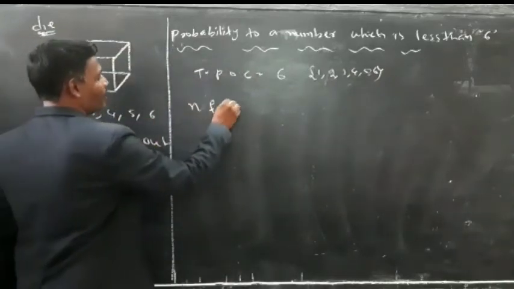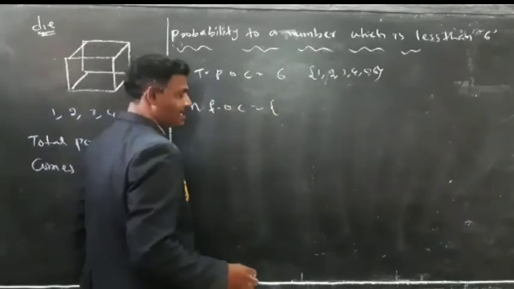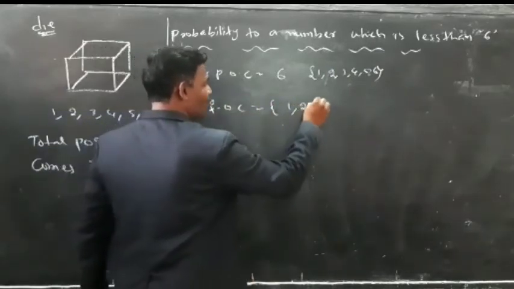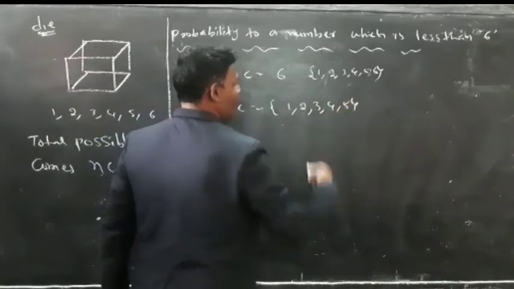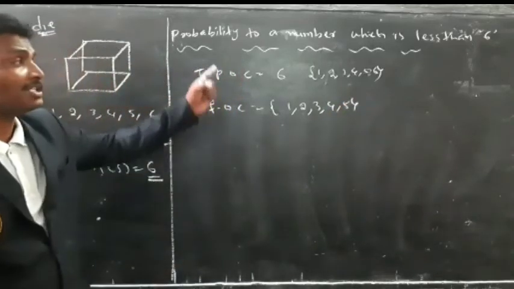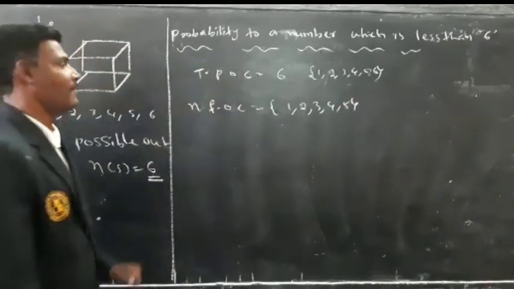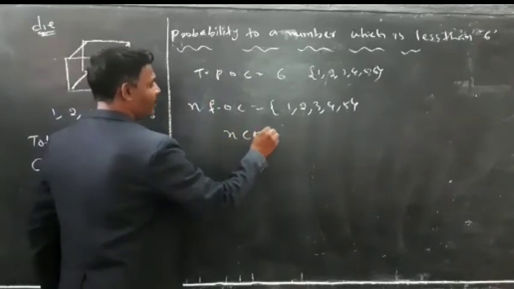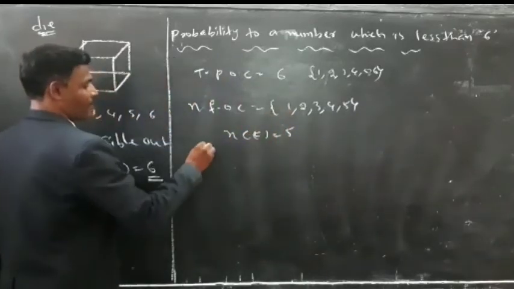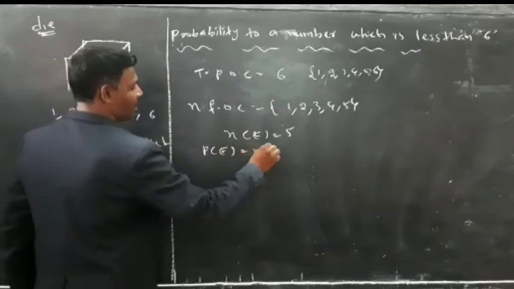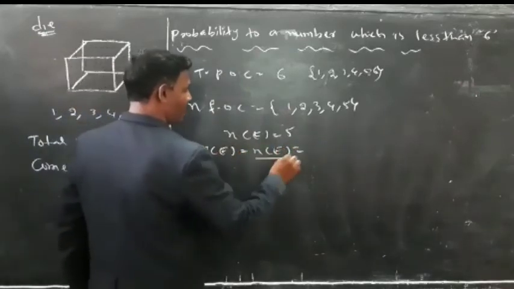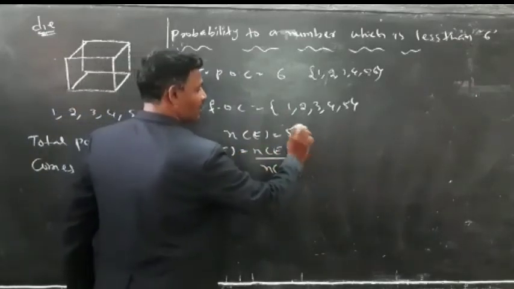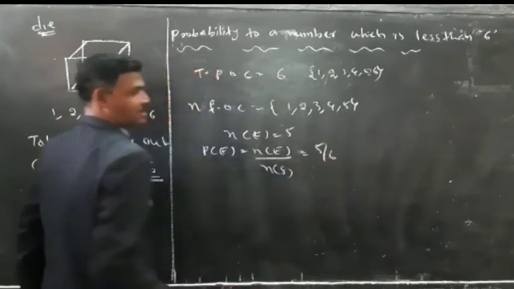Less than 6 means we can take 1, 2, 3, 4 and 5. But don't take 6. Why? Because that is not less than 6. So n of E is equal to 5. P of E is equal to n of E by n of S is equal to 5 by 6.